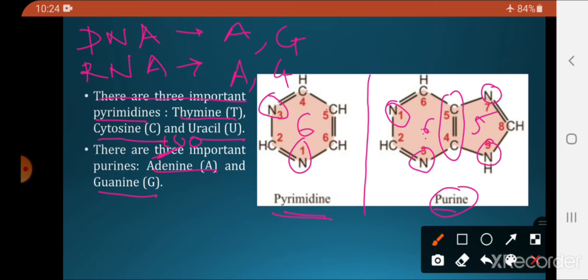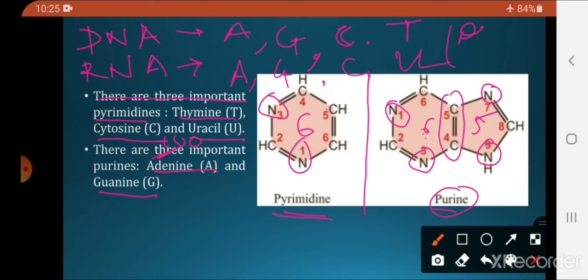Okay. Out of the pyrimidines, cytosine is common for both, यानी दोनों में cytosine भी है. अभी difference lies in one of the components. Thymine is present only in the DNA and uracil is present only in the RNA. So this is another major difference between the chemical composition of DNA and RNA.